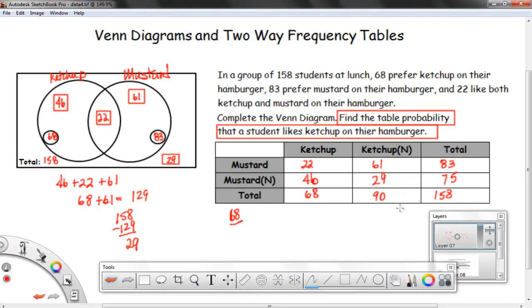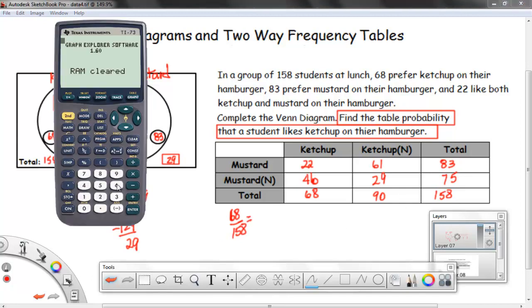I take 68 and divide it by the table total. That should give me the probability. So I have 68 divided by 158. So that probability is 43%.